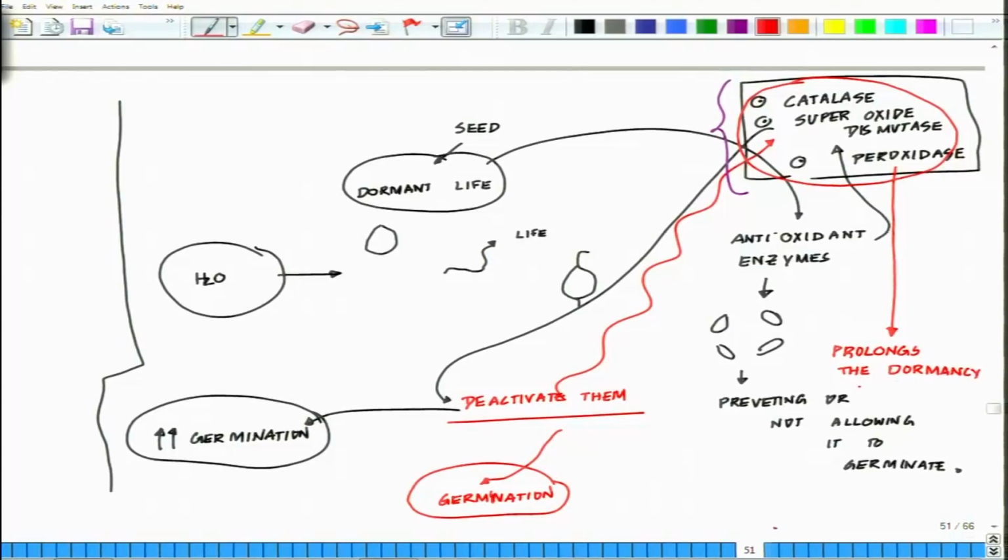Now, how it prolongs the dormancy, and where pyrite acts on it. But before we get into that part, let's again summarize.